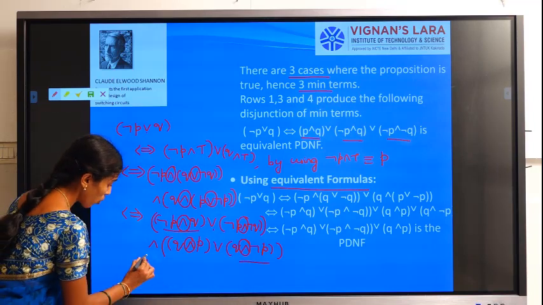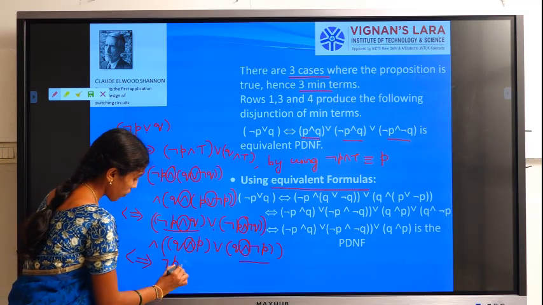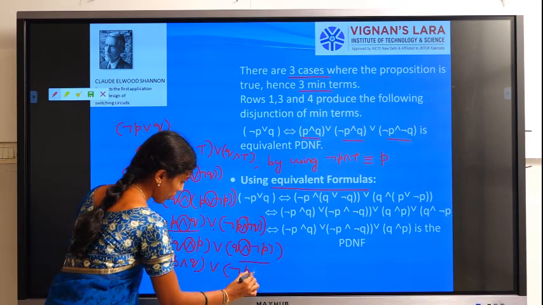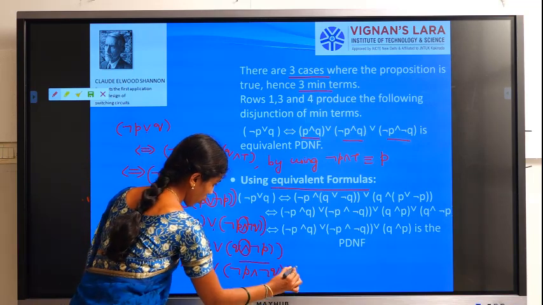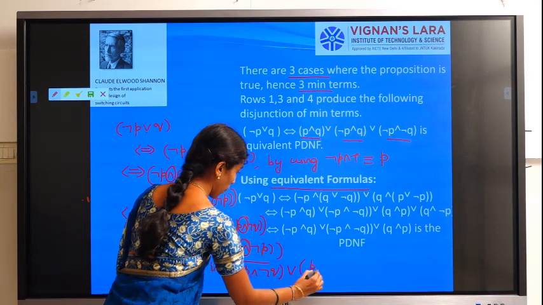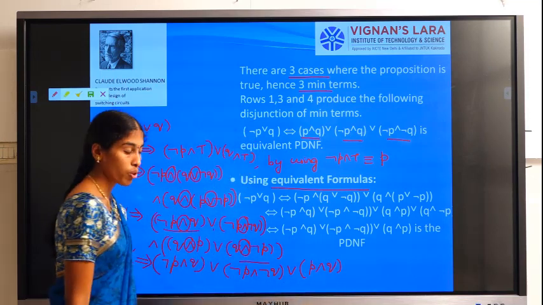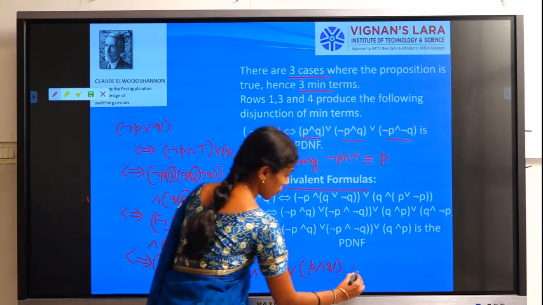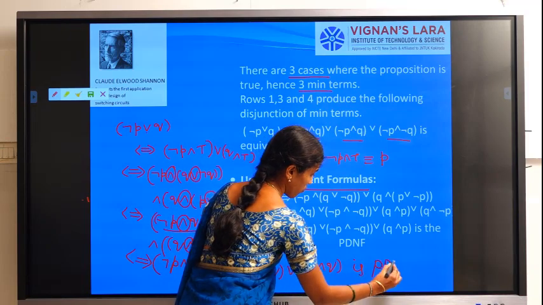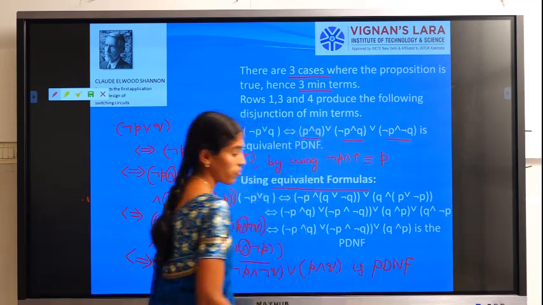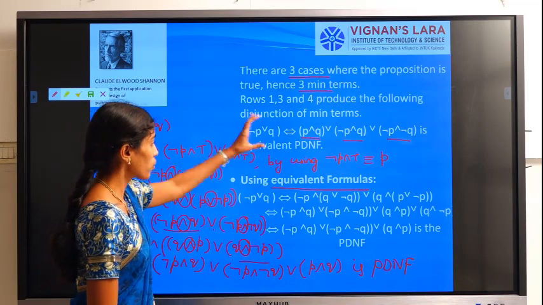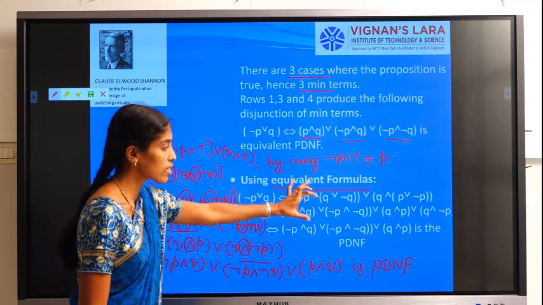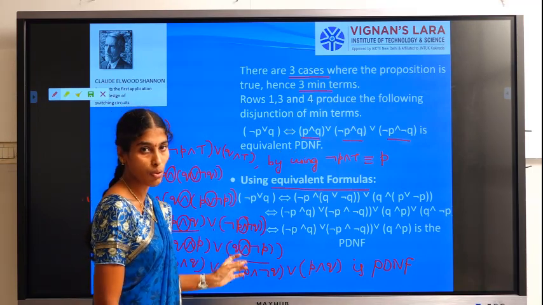So we write it only once: (negation P and Q) or (negation P and negation Q) or (P and Q). Each term is a min term. The disjunction of these min terms is the PDNF. If we use either the truth table procedure or the equivalent formulas, you will get the same PDNF. So PDNF is unique.